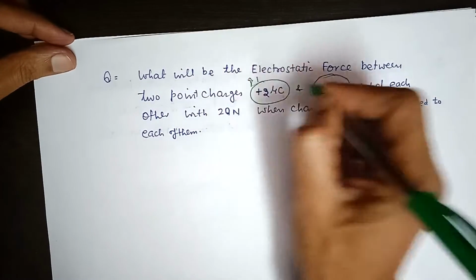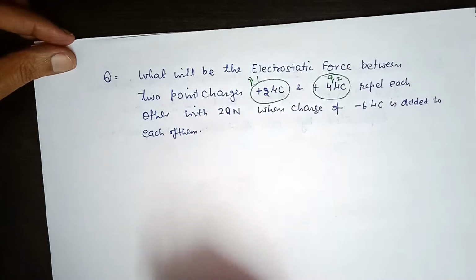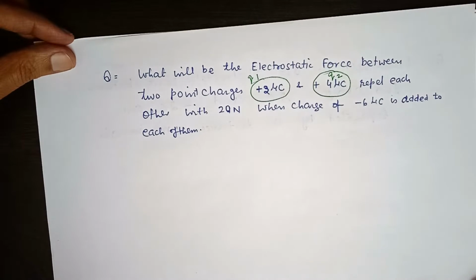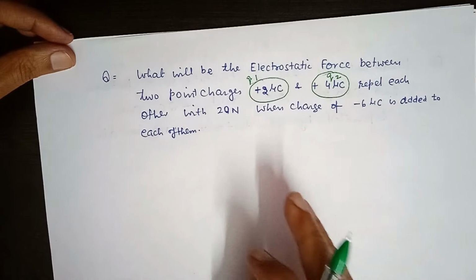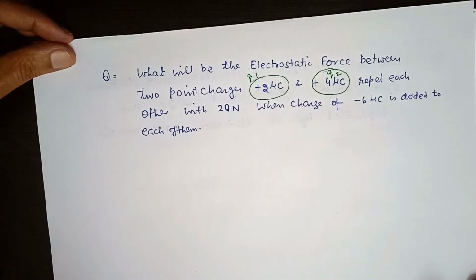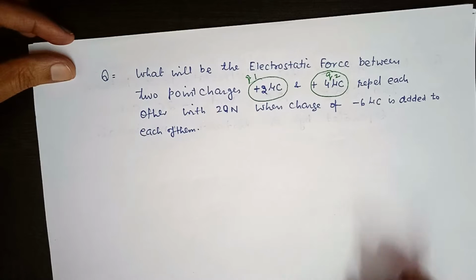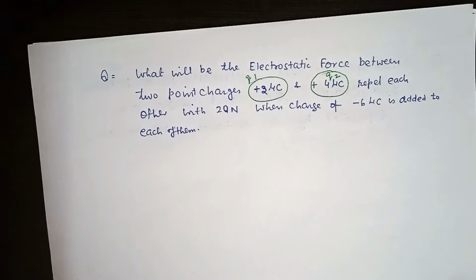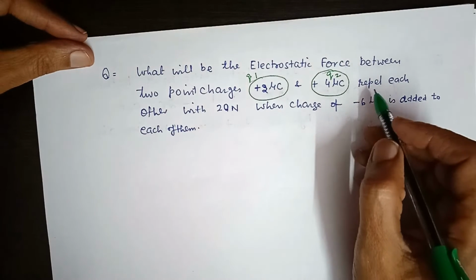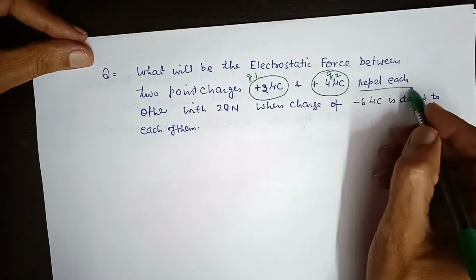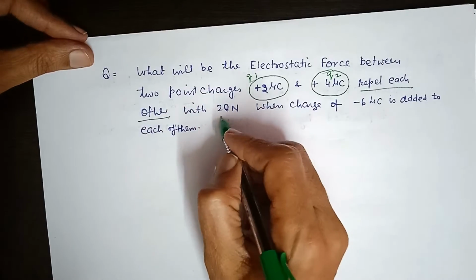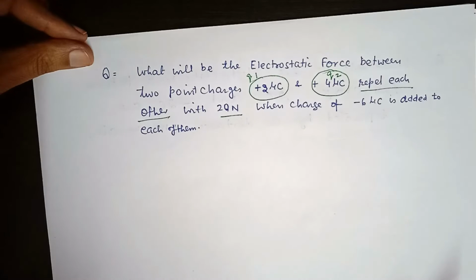This is Q1 and this is Q2. You can pause the video and try to solve this problem by yourself. Now let us solve this problem. So they repel each other with a force of 20 Newton.